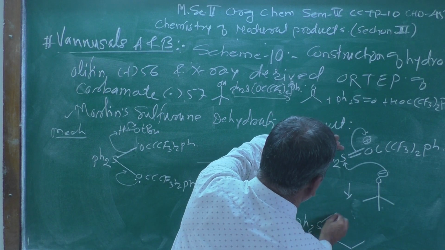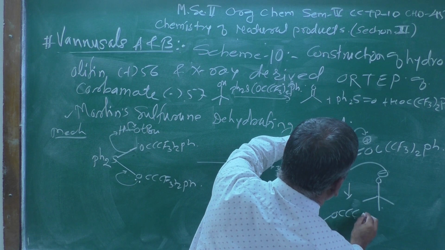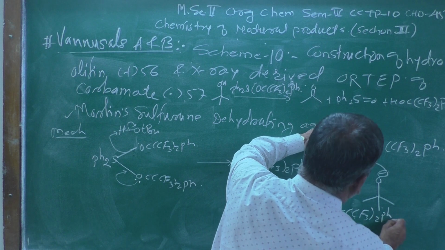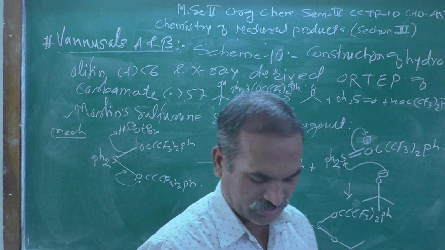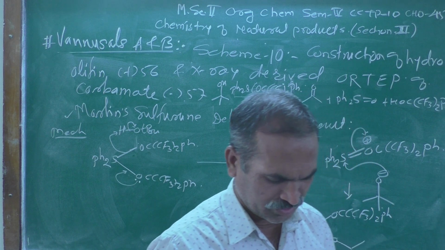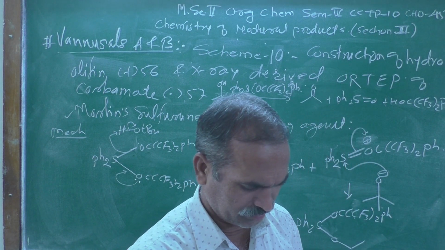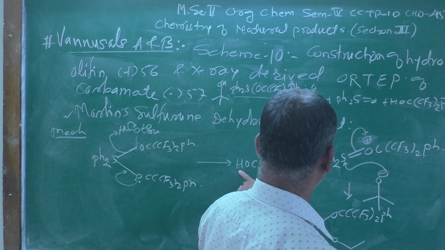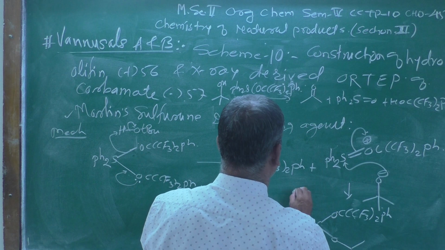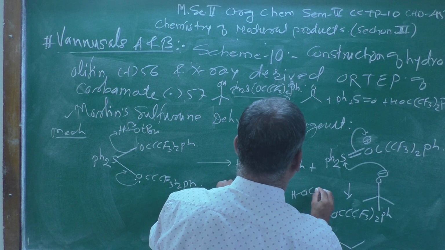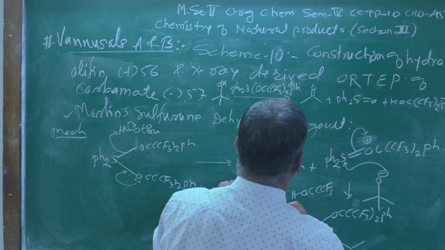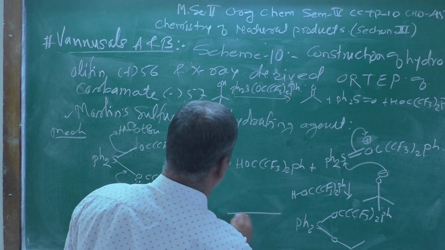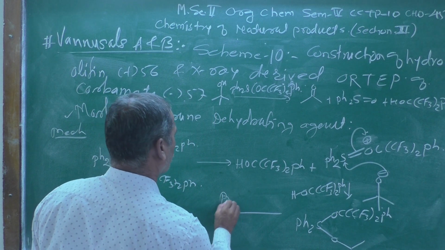Now here O-C, then (CF3)2Ph, that is the compound which we have written over here, and this is the compound which I am showing over it, HOC, then (CF3)2Ph, for protonation here.